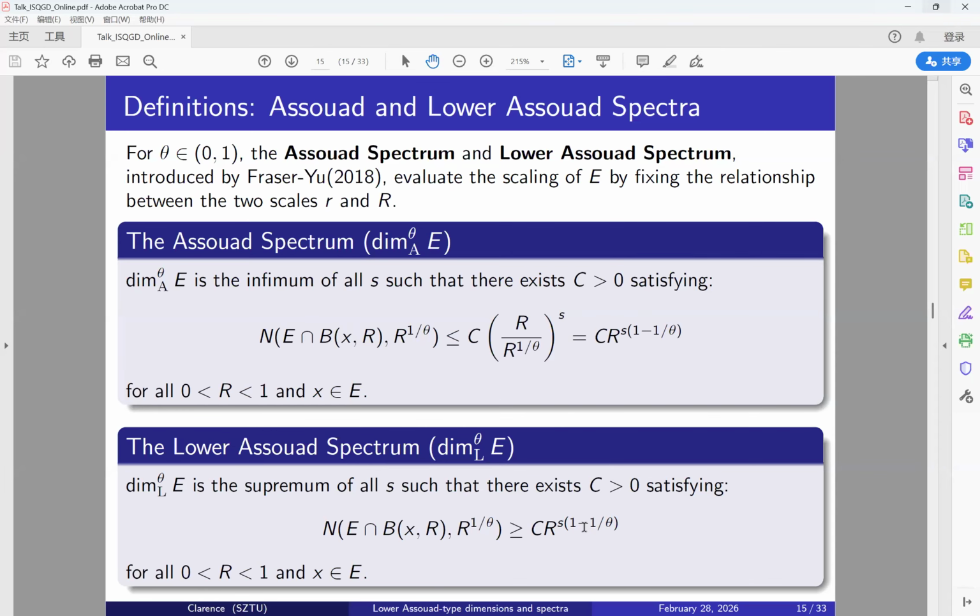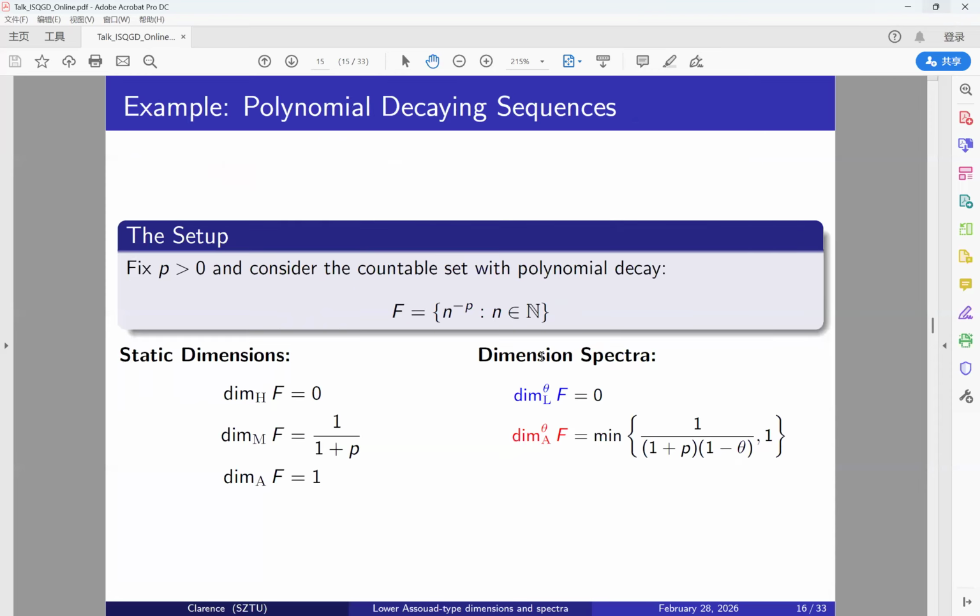So the Assouad spectrum and the lower spectrum also focus on the local properties of the set, but they differ from the Assouad dimension and the lower dimension, since they give a strong restriction between small r and capital R, by the relationship that smaller r equals R to the exponent of 1 over theta.